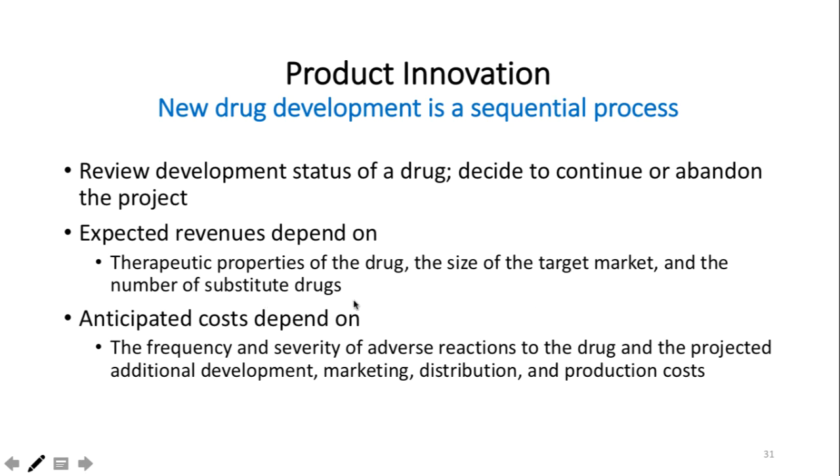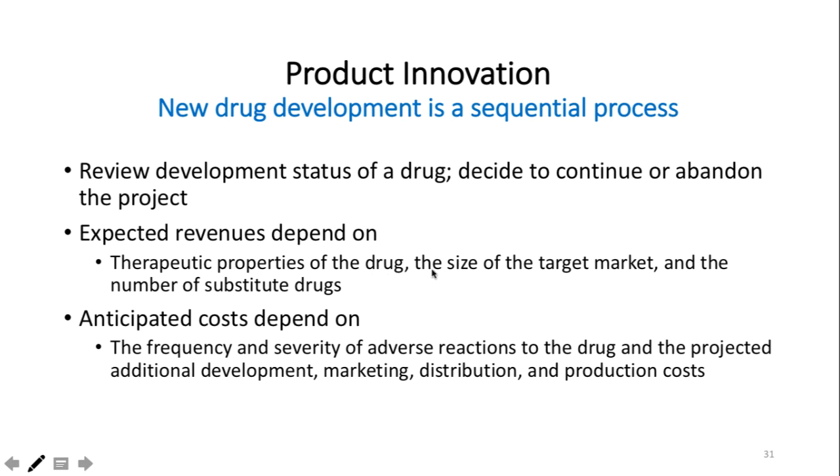So when you are thinking about launching a new drug, the first step is to find out the size of the basically target market. If you want to find out the size of the target market, then you have to find out exactly the therapeutic properties of the drug.